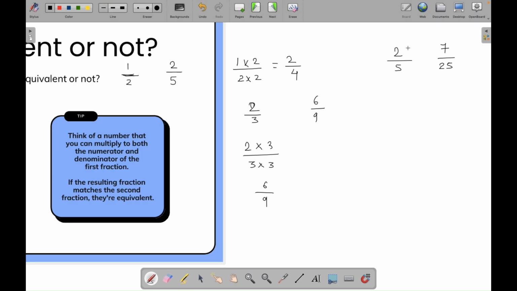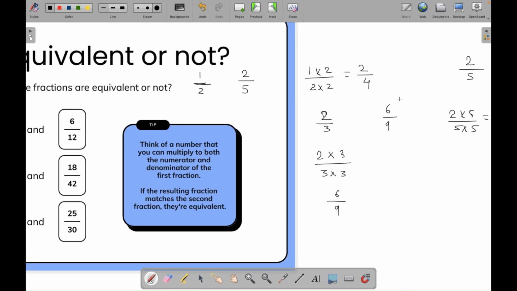So I'll also multiply the numerator: 2 times 5 and 5 times 5. So 2 times 5 is 10 and 5 times 5 is 25. Are they both the same? They are not the same. So since they are not the same, they are not equivalent fractions.